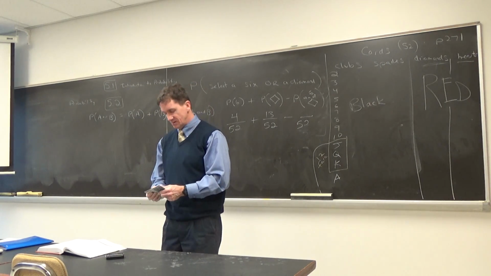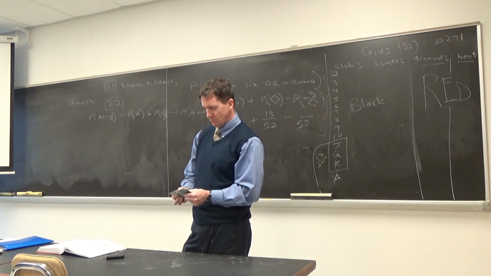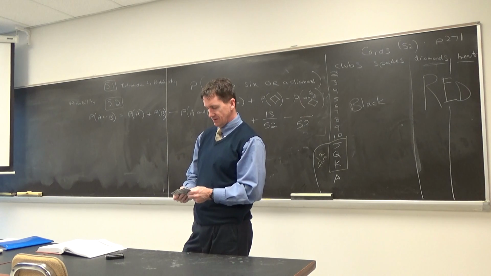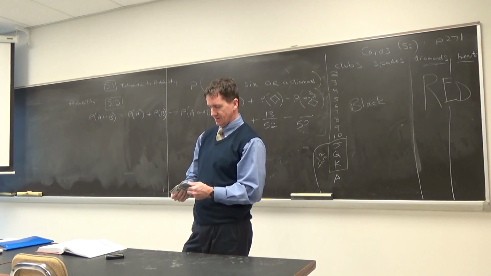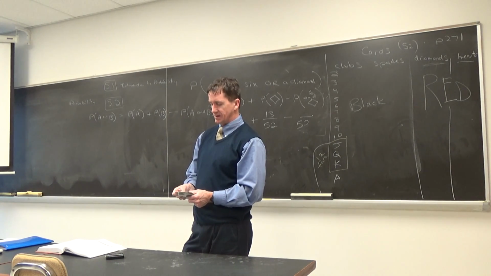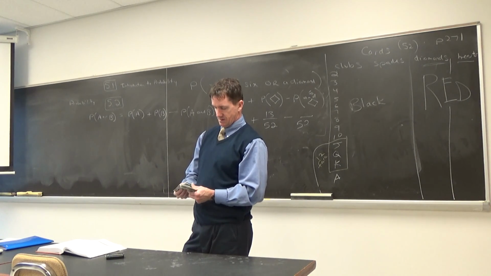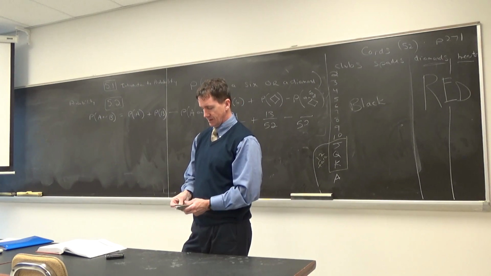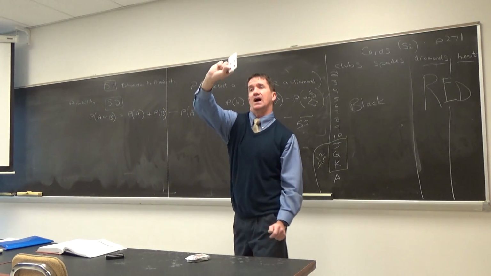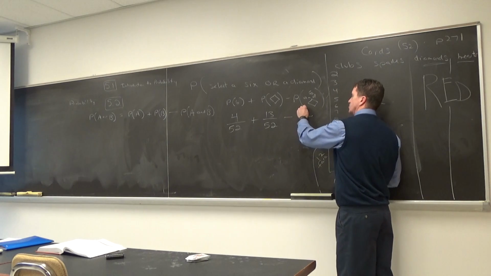There's a 6 of spades. It's probably sitting in my vehicle or something. I probably only have like 51 cards here. And there it is. There's that one card, the 6 of diamonds. I'm going to subtract it. There's only one of them.